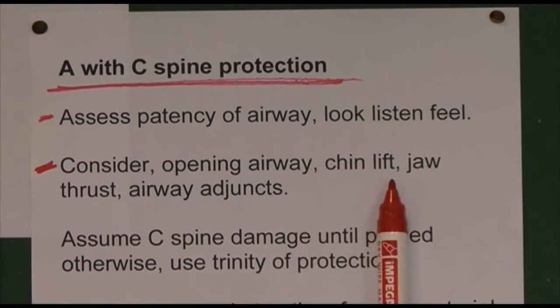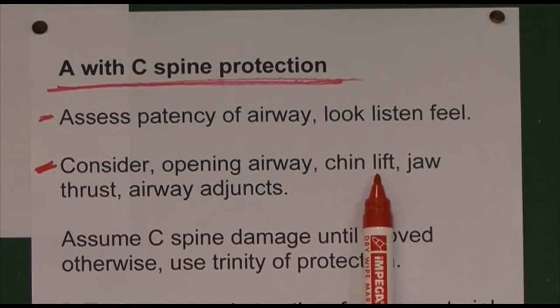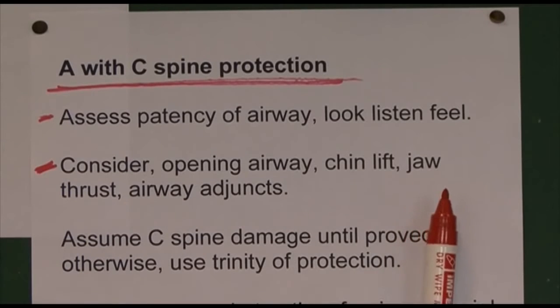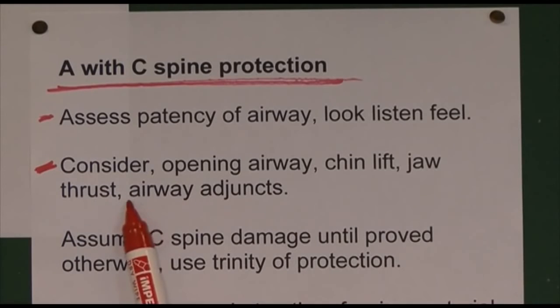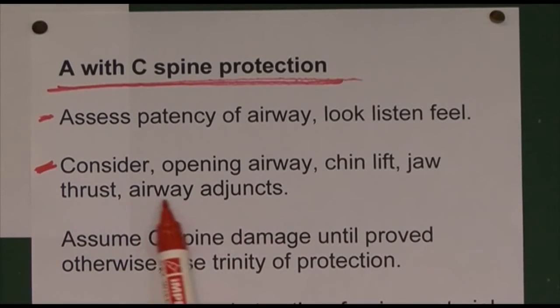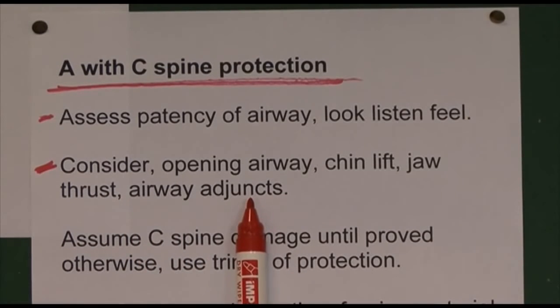Now, the chin lift is not appropriate in a trauma situation for an unconscious patient because we can't exclude a C-spine injury. It is appropriate in many medical situations where we're happy there is not a cervical spinal injury. If there is a possibility of cervical spine injury, we go for the jaw thrust manoeuvre, and of course we can also use airway adjuncts such as nasopharyngeal, oropharyngeal airways, laryngeal masks.